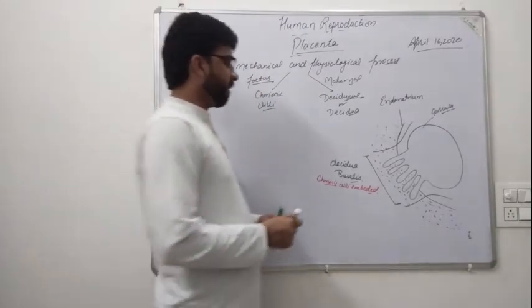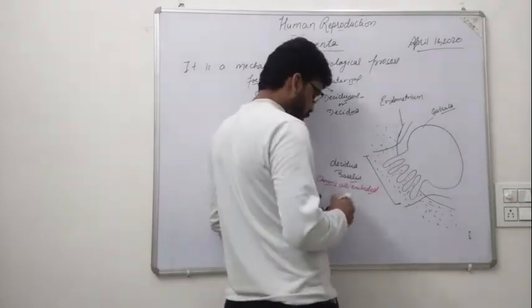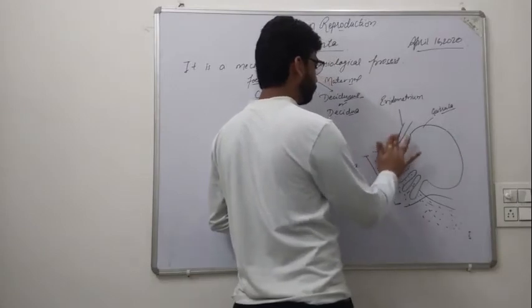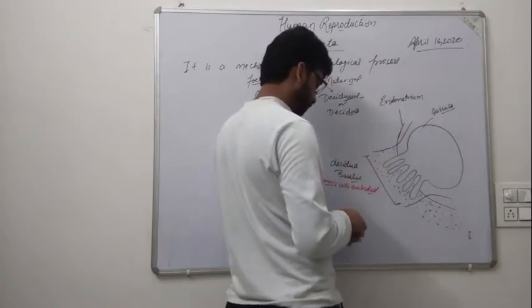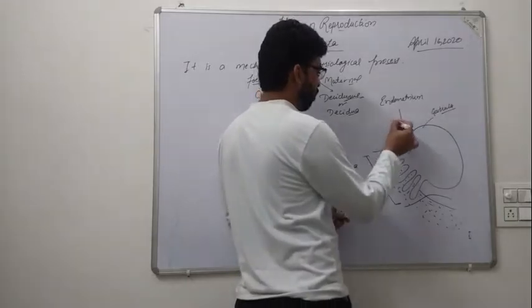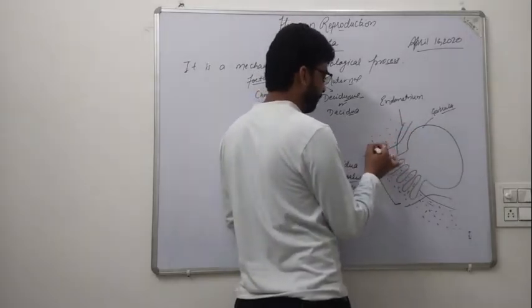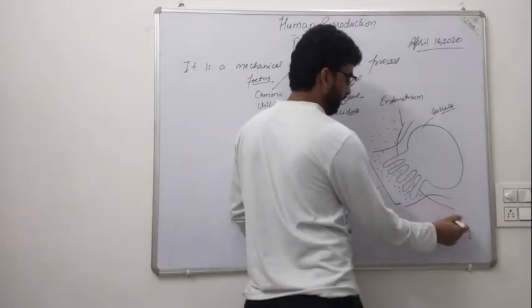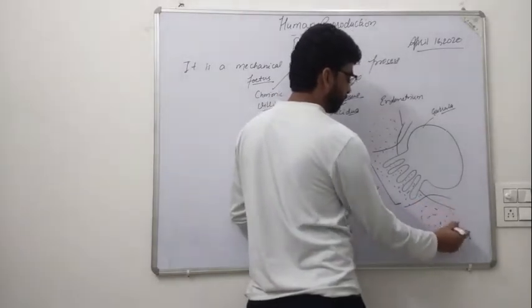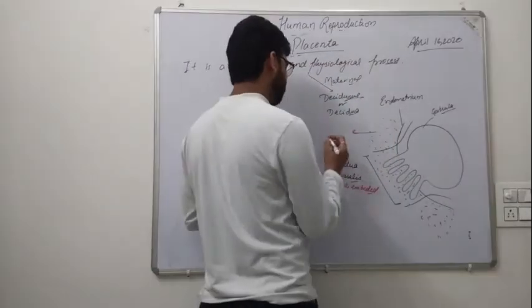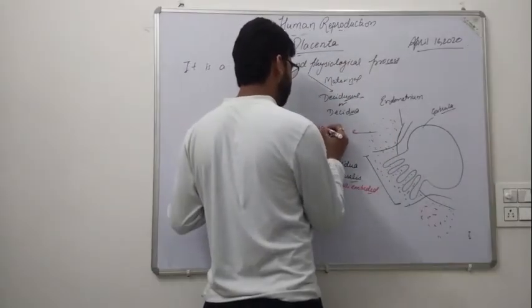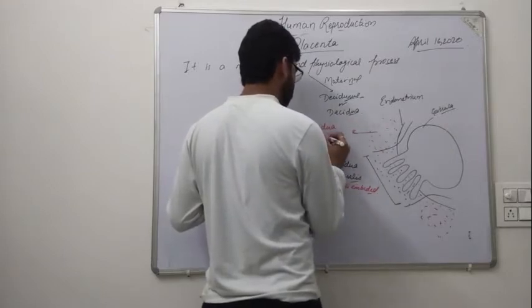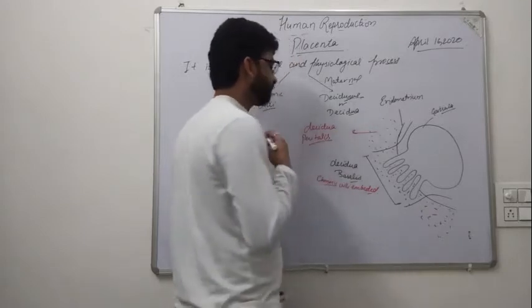Next, the other part which is not in contact with chorionic villi, this one and this one, is known as decidua parietalis.